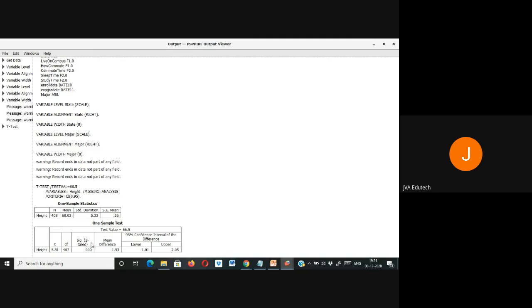Because 27 were missing, and we already defined to exclude the cases analysis by analysis. So at 407 degrees of freedom, the value of t comes to be 5.81 and the p value is equal to 0.000.